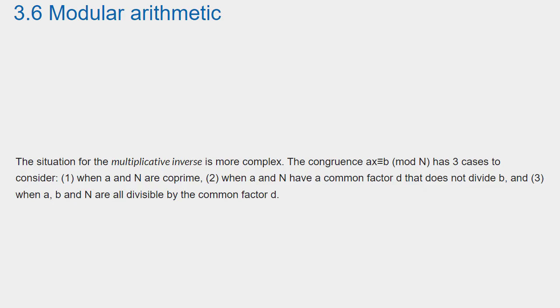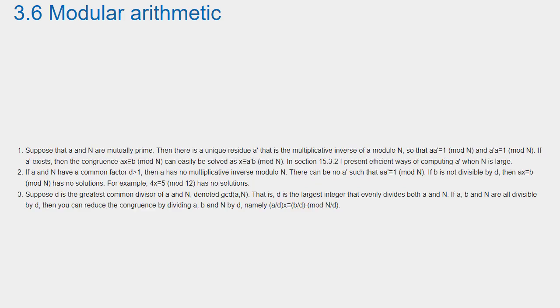The congruence ax is congruent to b mod n has three cases to consider. 1. When a and n are coprime. 2. When a and n have a common factor d that does not divide b. And 3. When a, b, and n are all divisible by the common factor d.